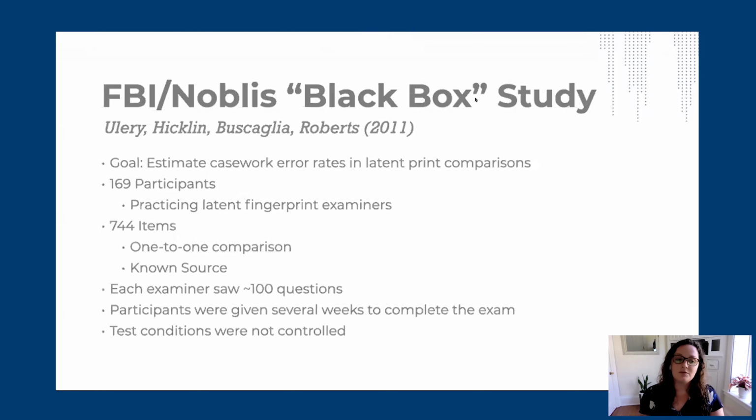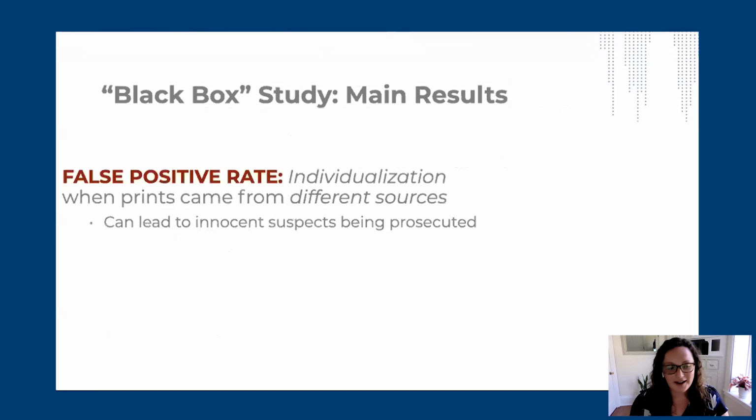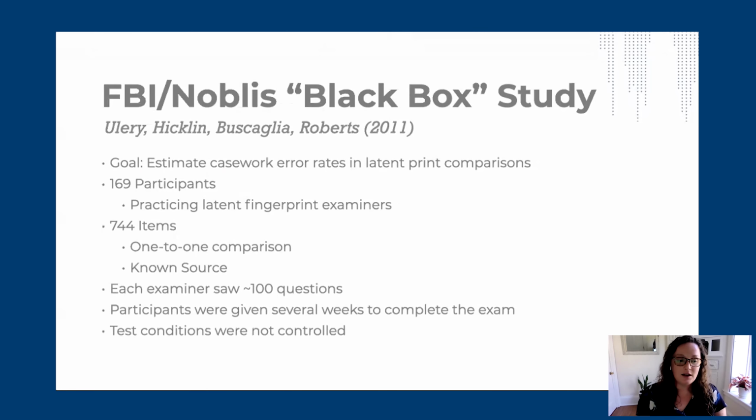There was a question pool of 744 items. Each item was a one-to-one comparison, and the prints came from known sources. So this is a case where we do have ground truth for the items. Each examiner saw roughly 100 questions. Participants were given several weeks to complete the exam, and the test conditions were not controlled.